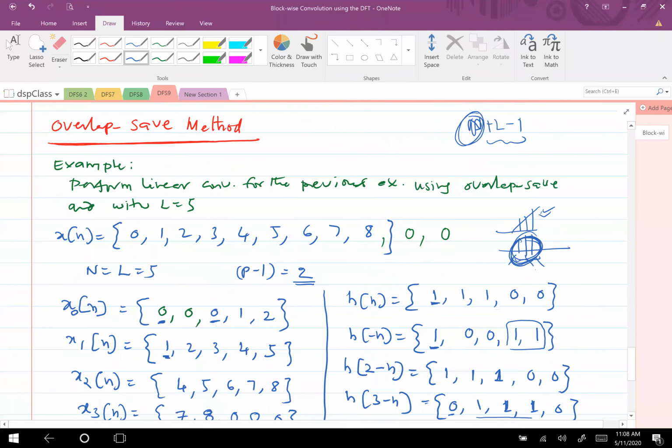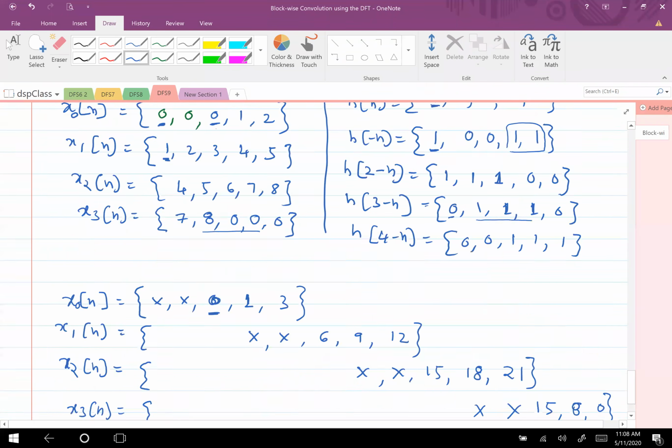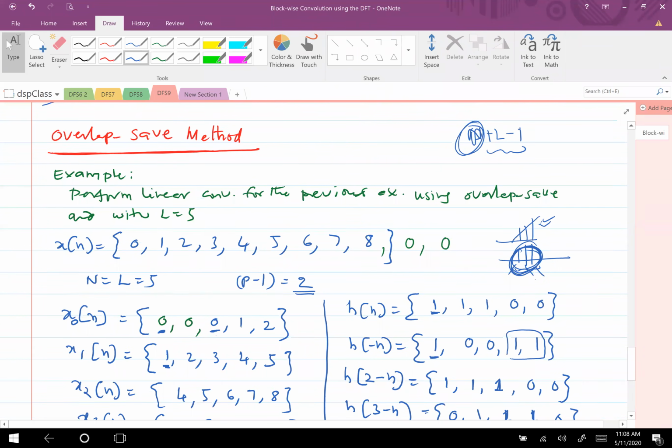That was the example we worked out thoroughly in the video lecture. Here we considered a length of 5, and h is the same as before. How many values would get corrupted now? P minus 1 values get corrupted, with the L-point DFT, so 2 values would be corrupted, correct?